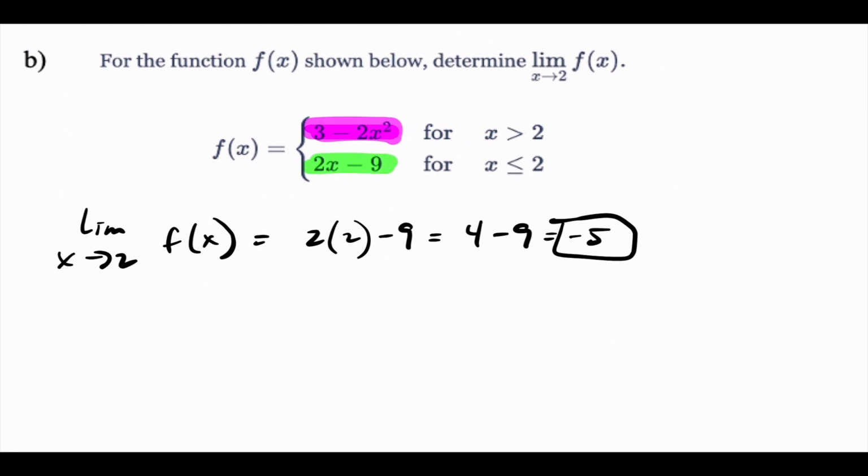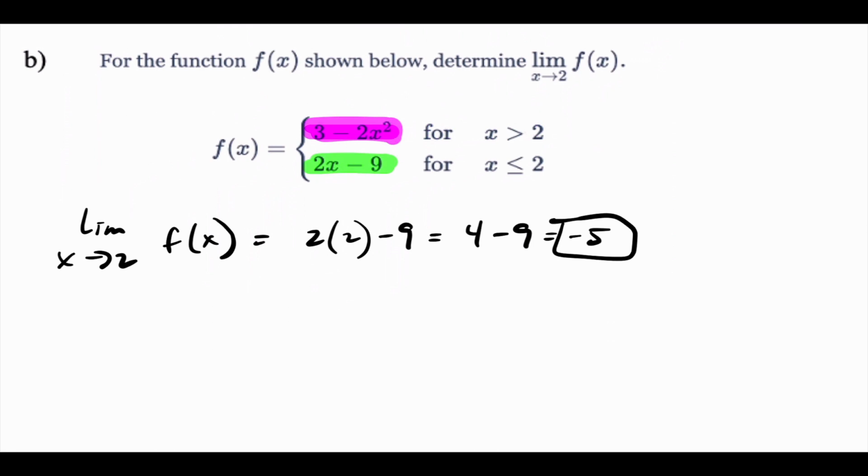Okay. Here's the thing. A limit exists if it has the same y value from the left side as it does the right side. So if it has a piecewise and you see it switches at 2, I go from green to pink at 2.